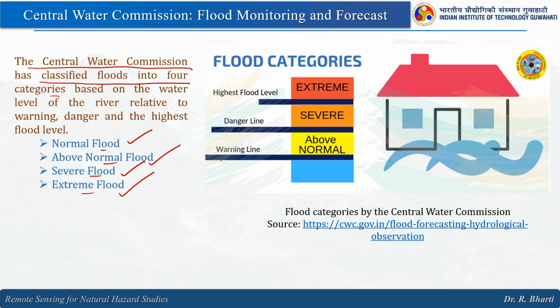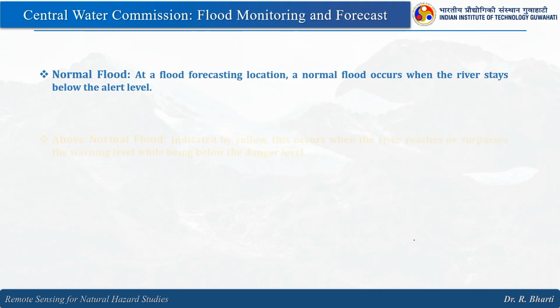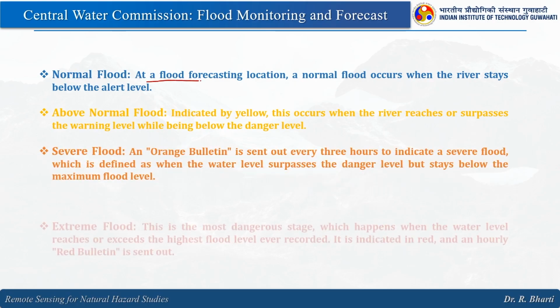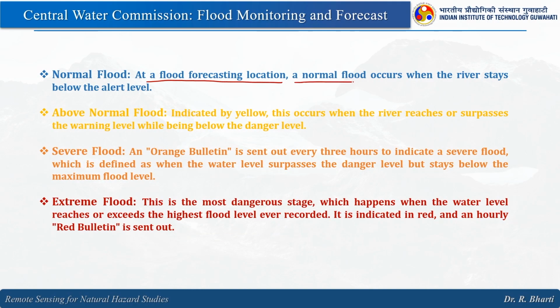So here you can see the warning line and the color they are using, right, it is different. So normal flood, at a flood forecasting location, a normal flood occurs when the river stays below the alert level. So if you see the cross section, if this is the level, right, if the water stays below this, it is normal flood.